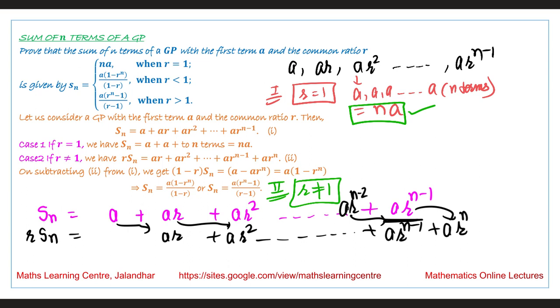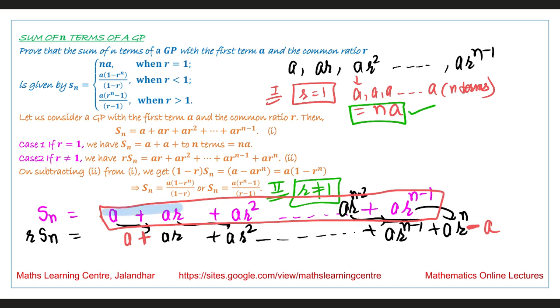Now if we compare both these values, we are adding a to this value and subtracting a from this value. Look at this term over here, a plus ar square, so on up to this.